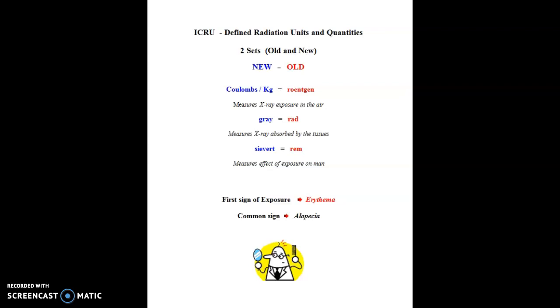The next terms I want to talk to you about are erythema and alopecia. Those are the two most common initial effects of an overexposure to radiation. Again, this is not going to happen when you take dental x-rays, but with a larger dose of radiation. You see these very commonly with patients who have radiation treatments for cancer.